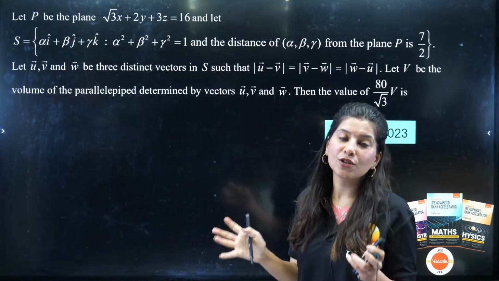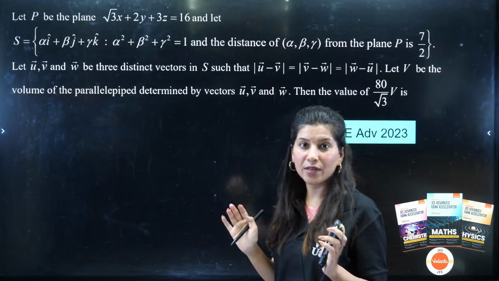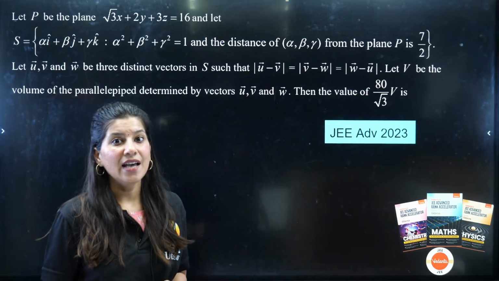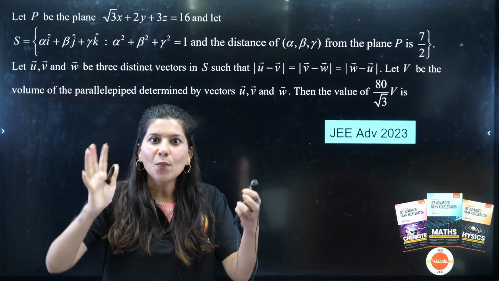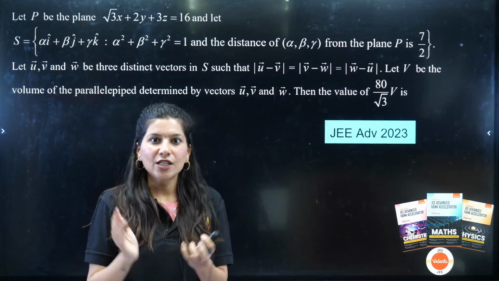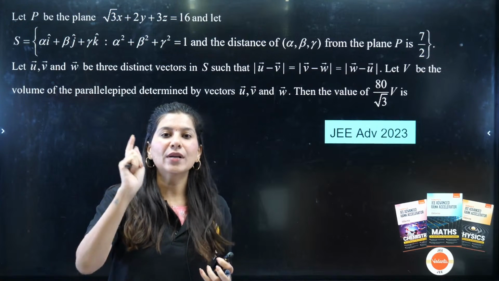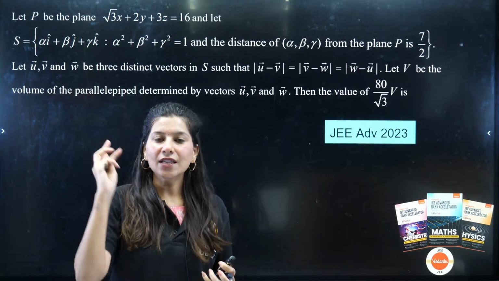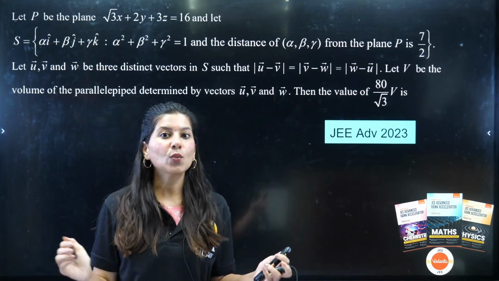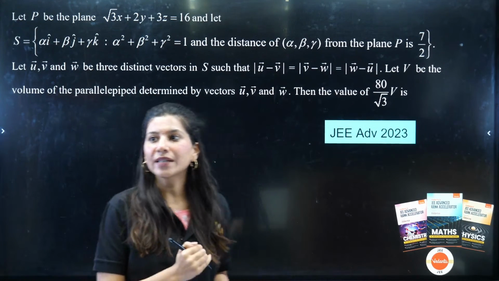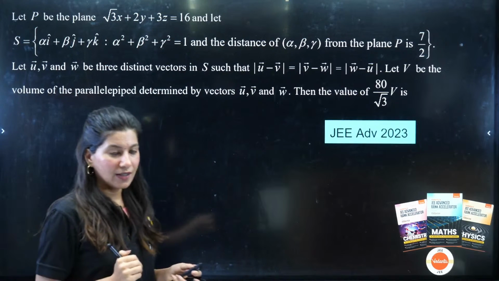The basic knowledge of vector and 3D geometry, you must know the basic properties, and along with that some calculations are also involved. So it is actually a combination of all those things. A student should be good in the visualization, in the properties, in the concepts, in the basic fundamentals of vectors, along with calculations.